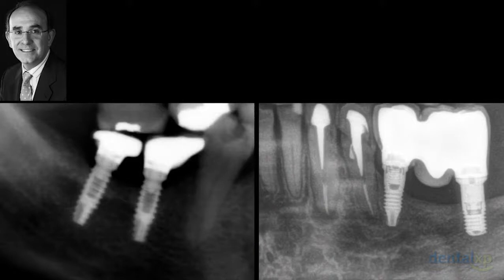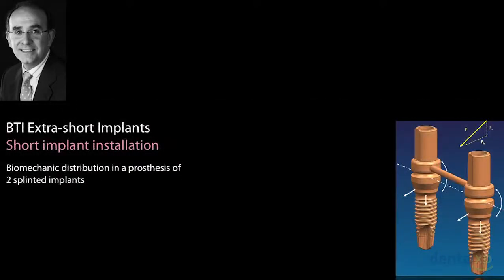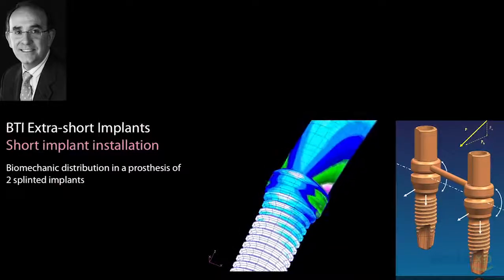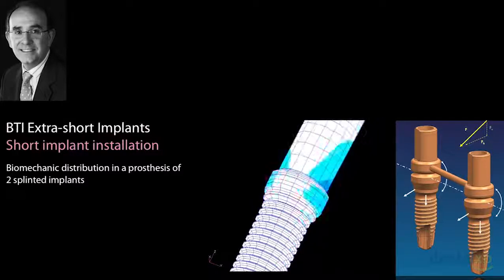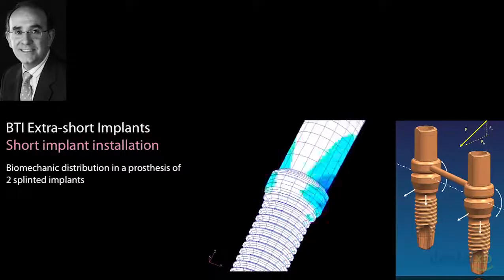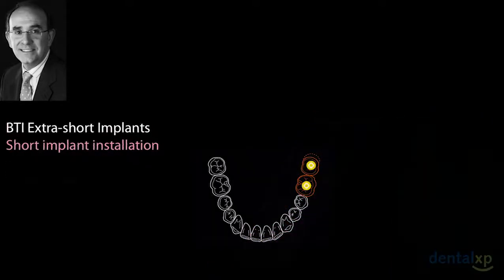Does it make sense to place two implants and reconstruct two single crowns, or to place two implants and splint them? Whenever we splint two implants, we reduce the lateral forces by 50%. For that reason, from a biomechanical point of view, it makes sense to always splint the implants in the posterior region.